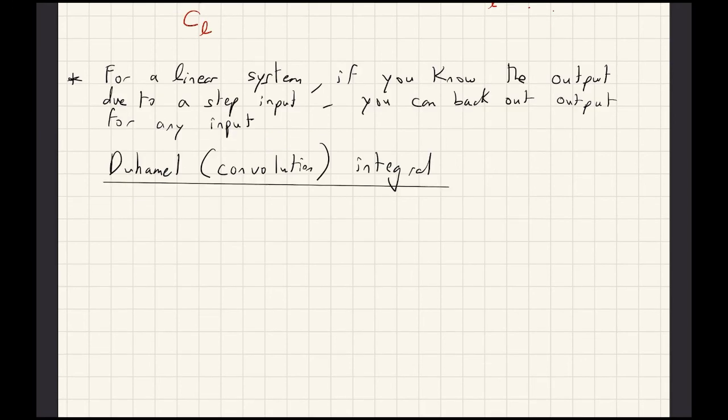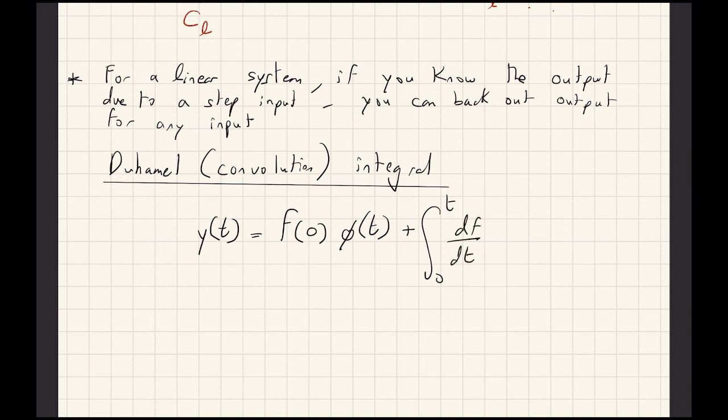So this is a Duhamel integral. y of t is equal to f of 0 phi of t plus the integral from 0 to t of df/dt phi of t minus sigma d sigma.